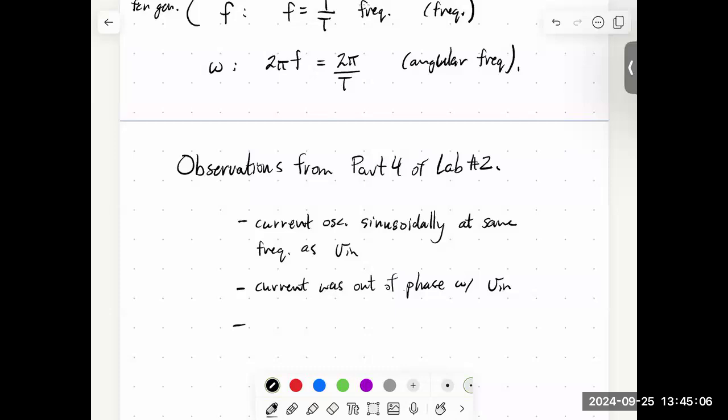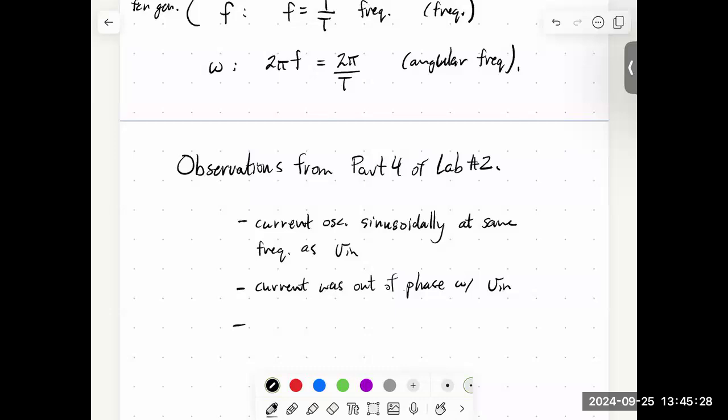And the other thing we saw is that the function generator had some maximum voltage. If you had the amplitude knob turned to maximum, then the function generator would peak at 10 volts. But the voltage across the resistor and the capacitor didn't reach that 10 volts.